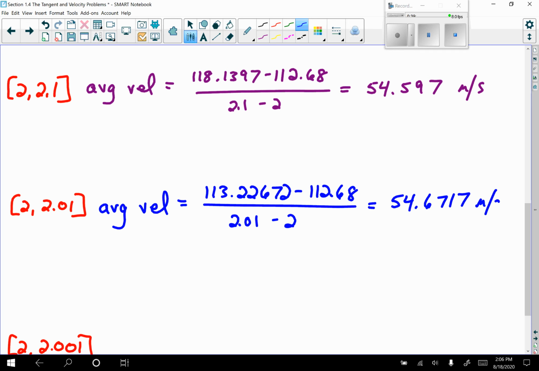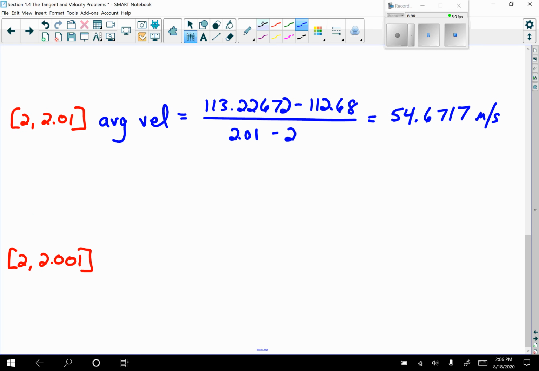And we'll do this one more time. Okay, here we want to evaluate that function at t equals 2.001. Pause the video as you do that. If you notice, the value at 2.001 is very close to the value at 2 because 2.001 is very close to 2.